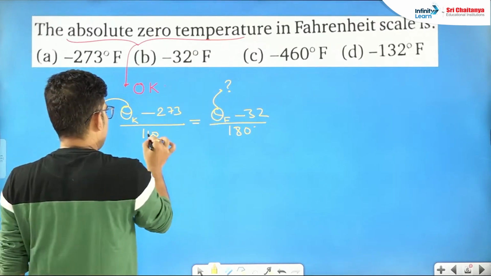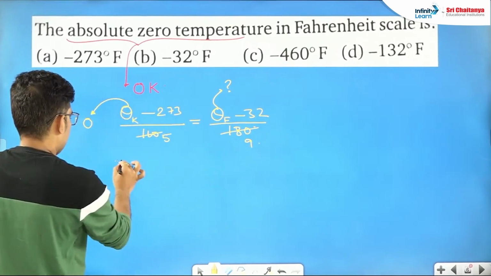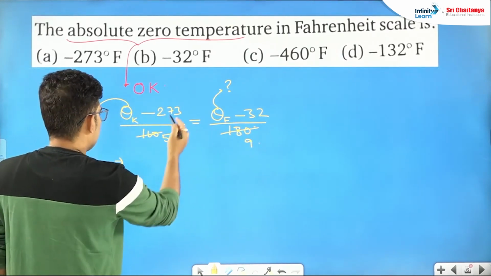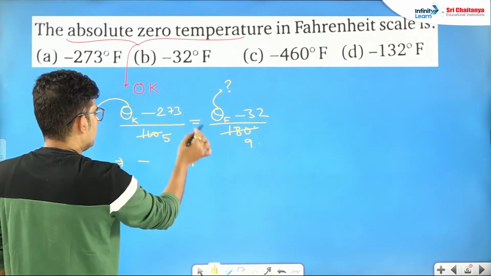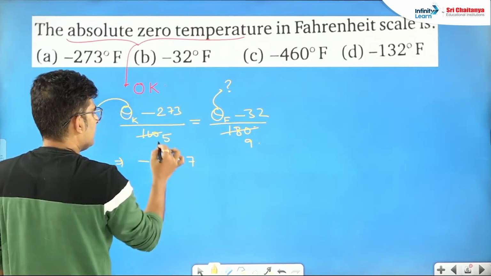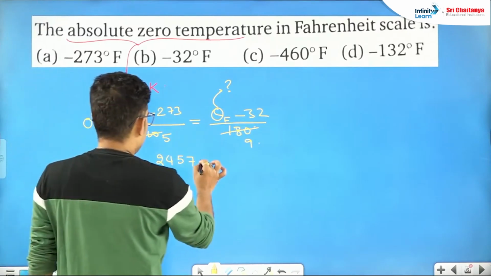So again here, 0 remains 0 only, 9 gets multiplied. So here we have minus 9 times 273: 9 3s are 27, 7 9s are 63 plus 2 is 65, 9 2s are 18 plus 6 is 24, so 2457.